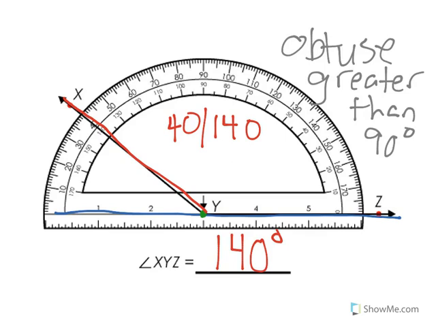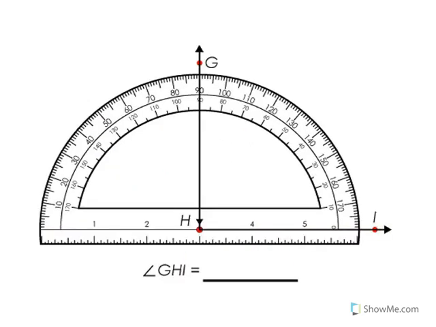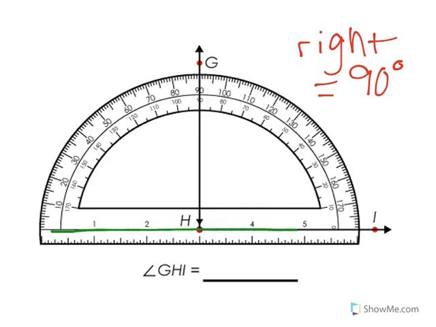Let's look at one more. What kind of angle is this? It looks like it could be a right angle. And we know that a right angle is equal to 90 degrees, but let's double check it just to be sure. We take our ray and line it up on that black line of the protractor, so they did a good job there.